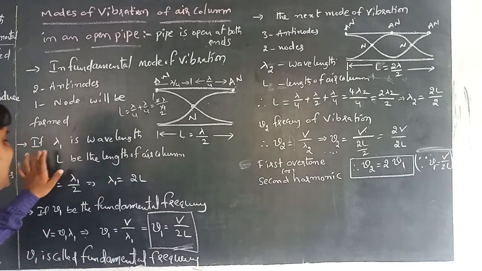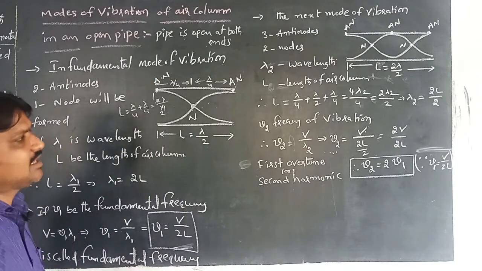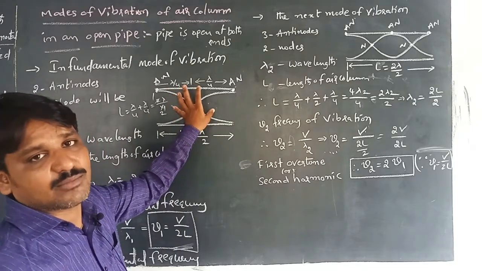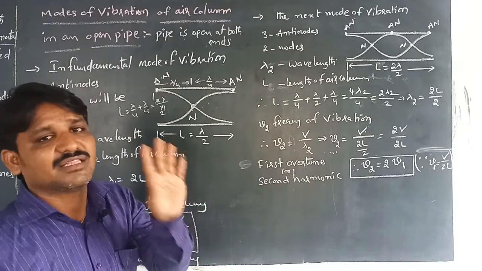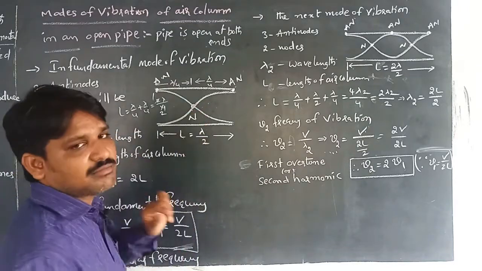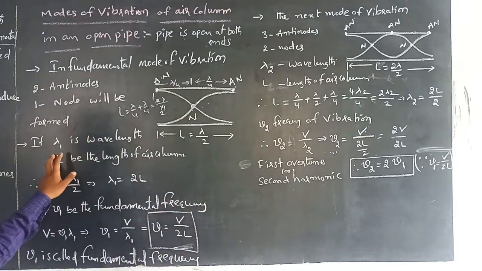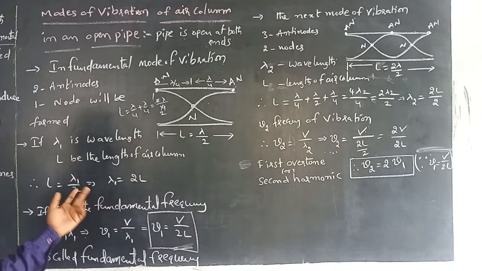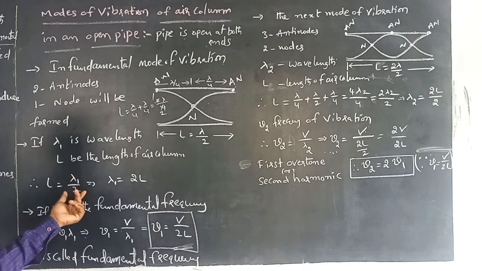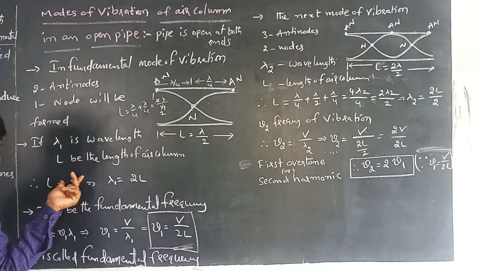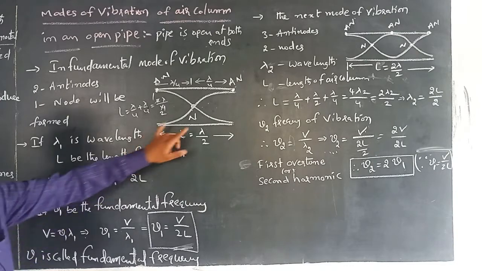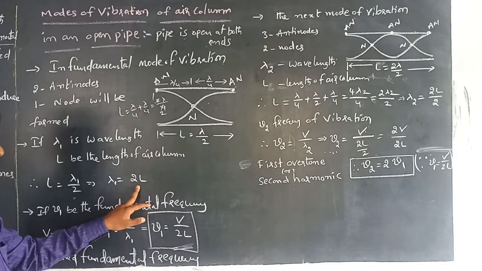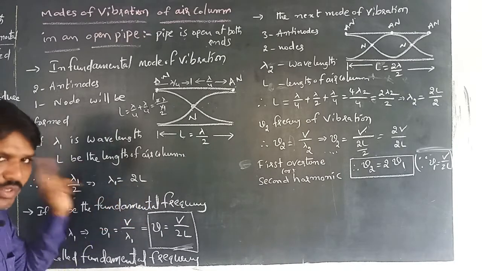If lambda 1 is the fundamental wavelength of the air column in the fundamental mode of vibration, then L is equal to lambda 1 by 2. So lambda 1 is equal to 2L.